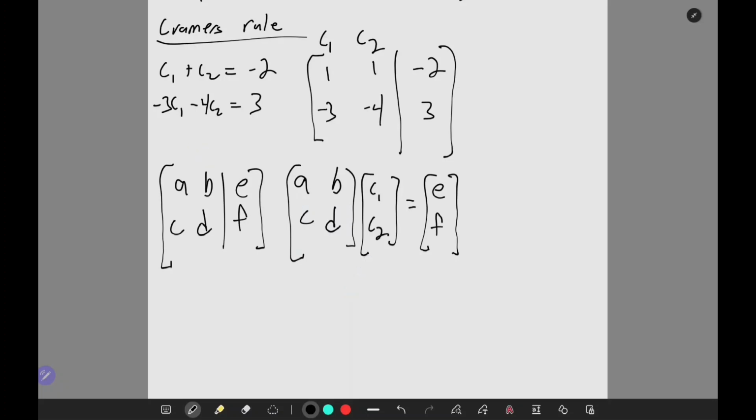Anyways, if this is the case, it works like this because when you multiply a matrix, you don't multiply it directly across like this. Like this isn't C1. You look at this first row here and this one here, and you multiply it like this.